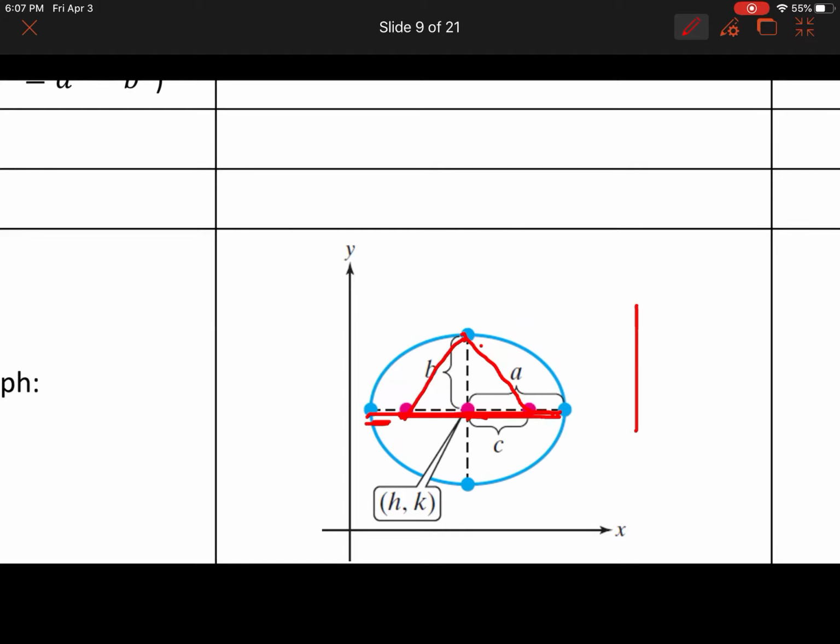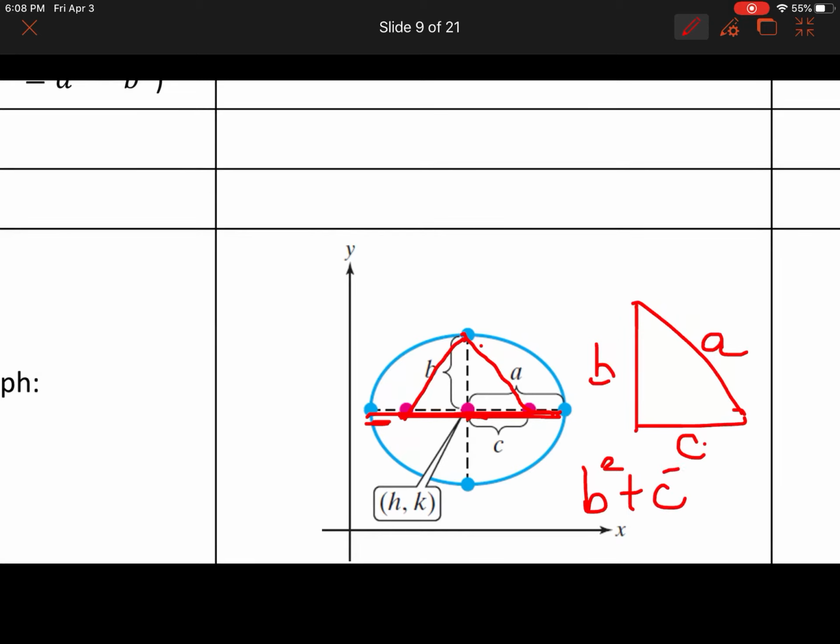And so this is a little right triangle with A here, and B here, and C here. So using the Pythagorean theorem, we got A, B, and C mixed up, so don't do it in the way that you always do the Pythagorean theorem.